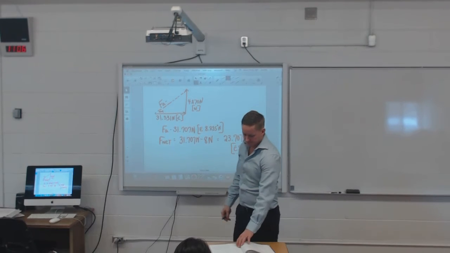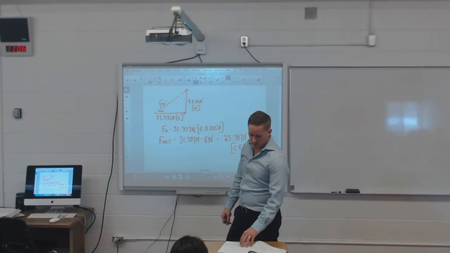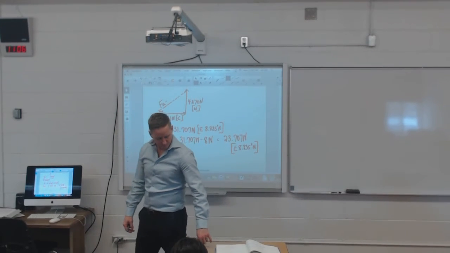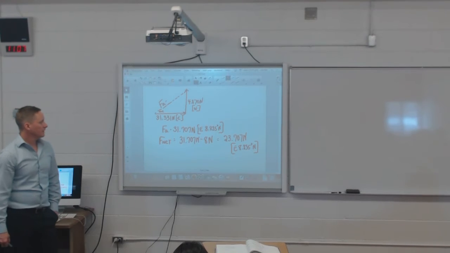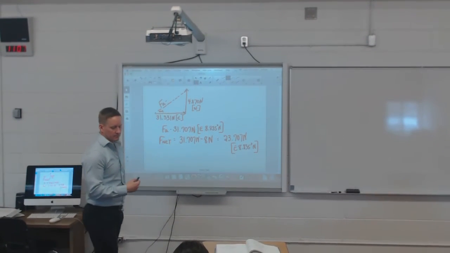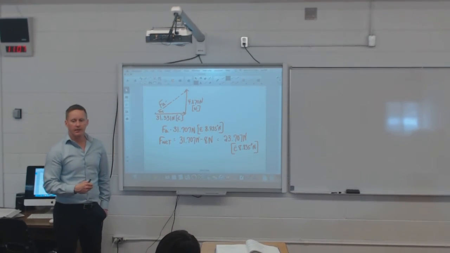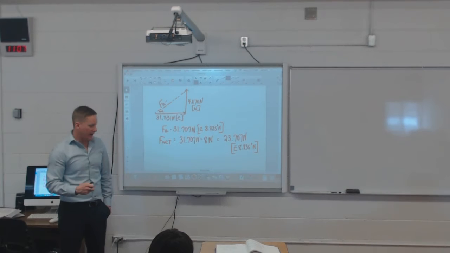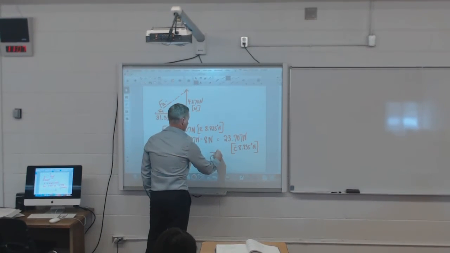All right. Just a second. We're not quite done yet. It asks for what is the acceleration. So to get the acceleration, how do I get it? Net divided by mass. So let's divide this number by your mass.